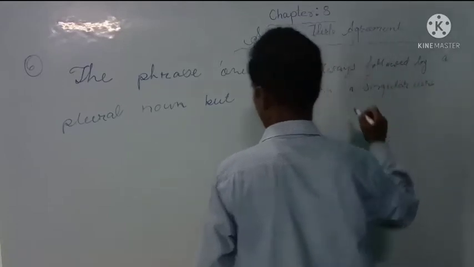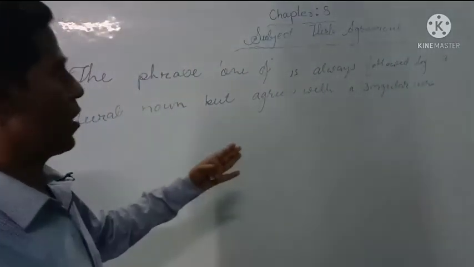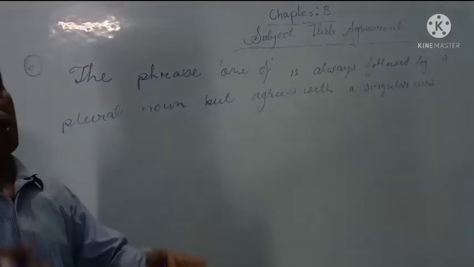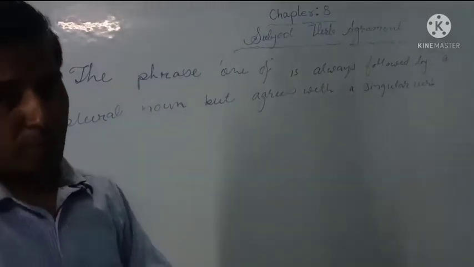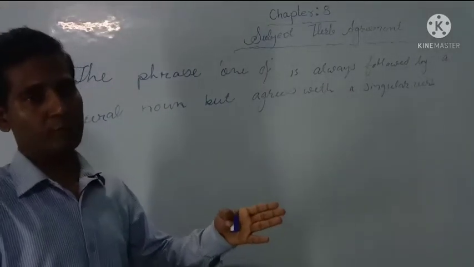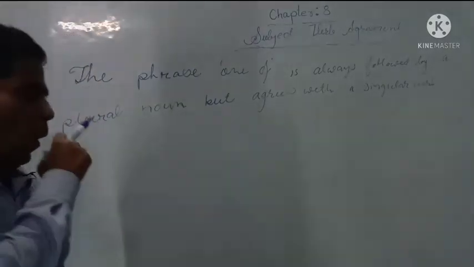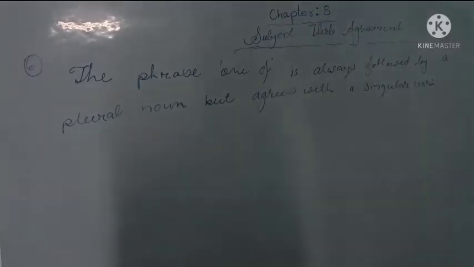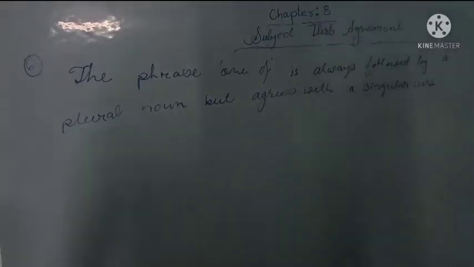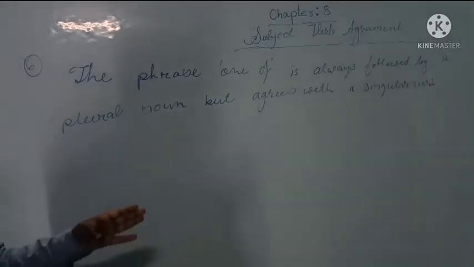The phrase one of is always followed by a plural noun, but always agrees with a singular verb. That is our rule number 6.